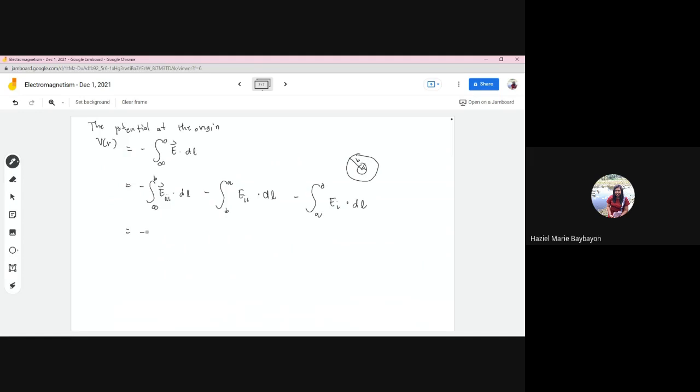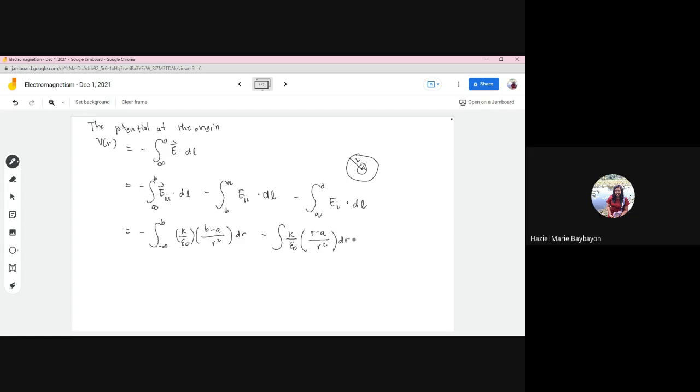So we have from negative infinity to B, E, and so ito itong electric field diri class, K over epsilon naught, then you have B minus A over R squared. And then your DL is just equal to DR. And then minus the electric field at region 2 dot DL. So you have K over epsilon naught R minus A divided by R squared.